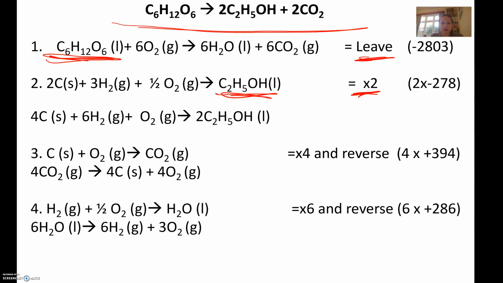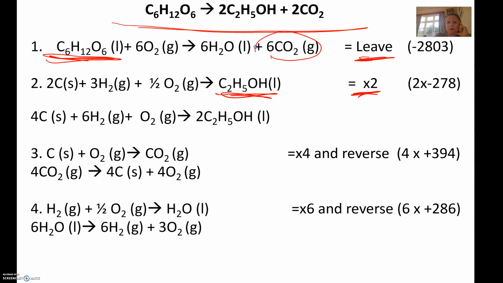With equation 3, we want 2 CO2s as a product, and the reason why this is such a hard example is because if you look at all of your equations, CO2 comes up in two equations.